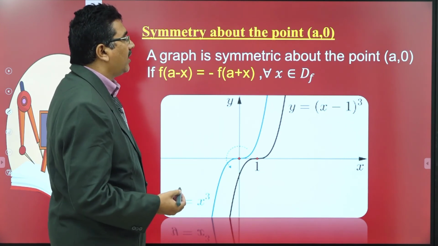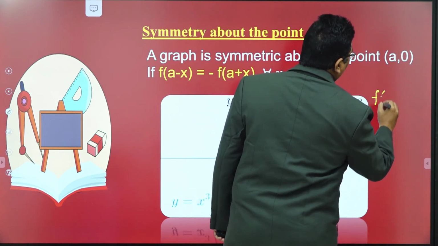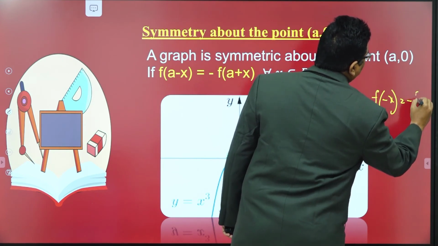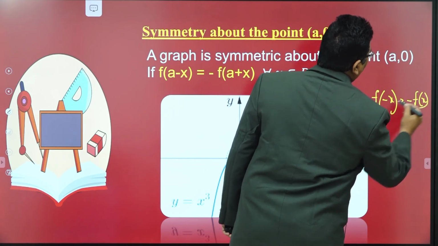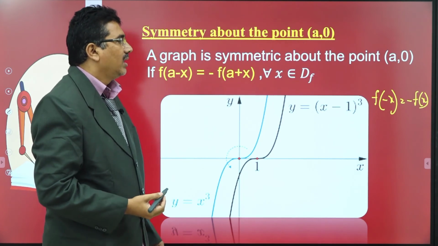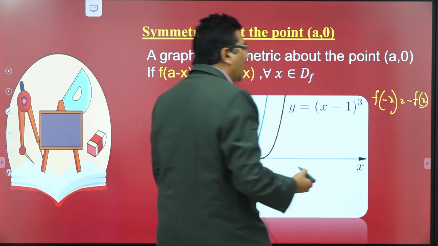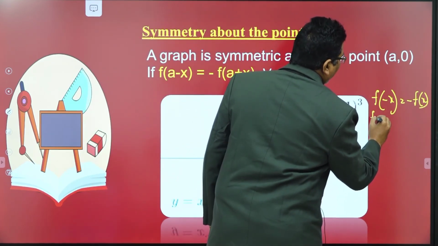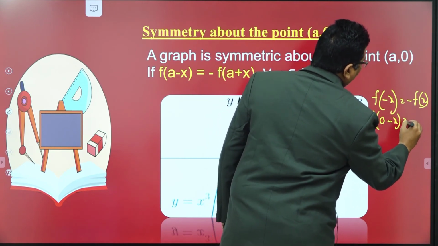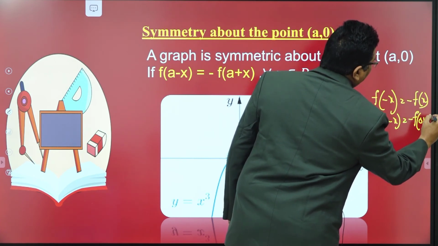The definition of an odd function is f(minus x) equals minus f(x). This is the definition of an odd function, and it is also symmetric about the origin. This can be written as f(0 minus x) equals minus f(0 plus x).